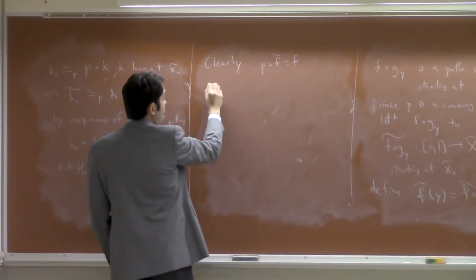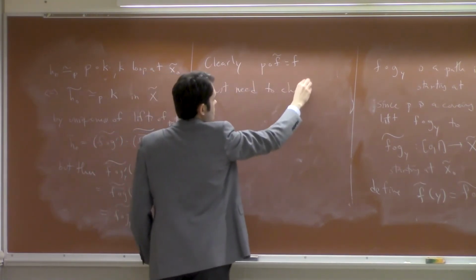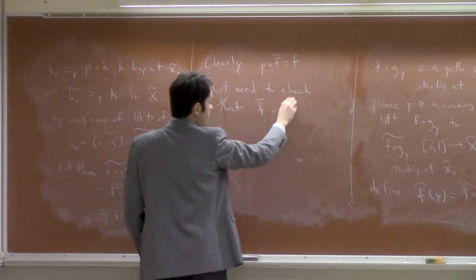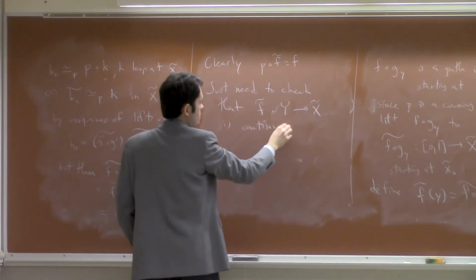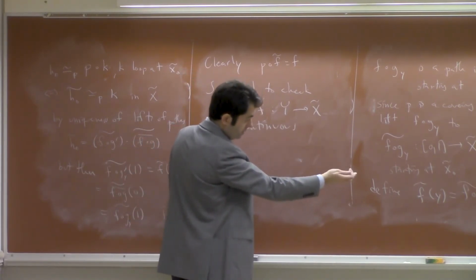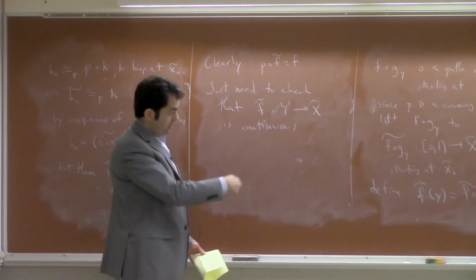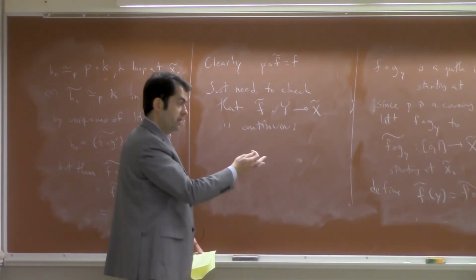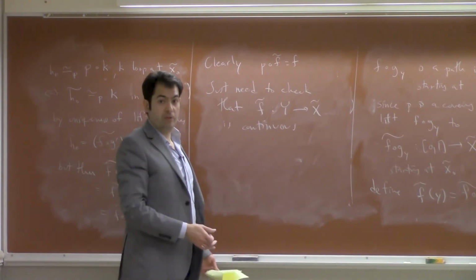All that's left to check is that this map we've defined is continuous. After all, we defined it by taking an arbitrary path in y and then lifting, so there's no relation implicit between the gy's for nearby y's. Do just whatever path you want.